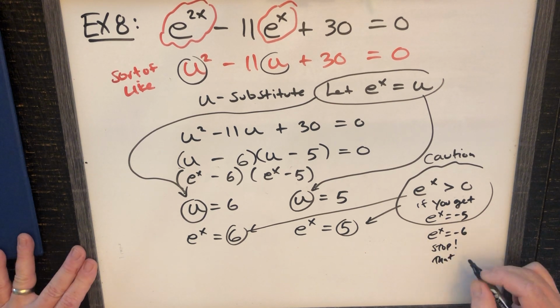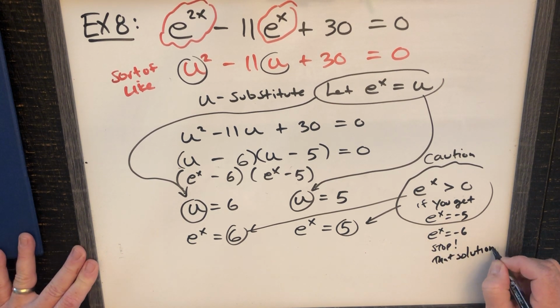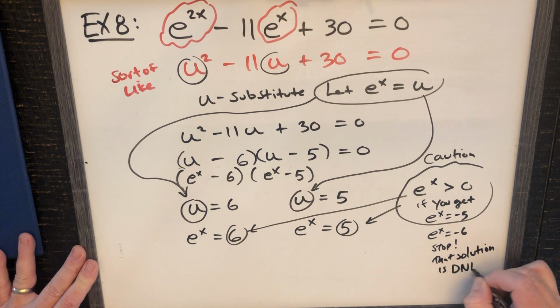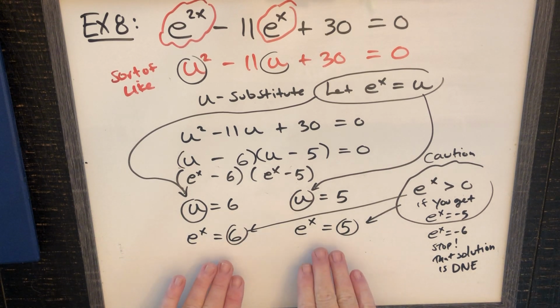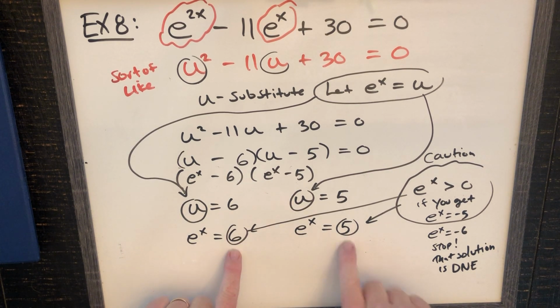That solution is DNE. It doesn't mean the whole problem is DNE. It means just that particular piece of the problem does not exist. In this case, they are both positive. e to the x is 6, e to the x is 5. These are both positive, so we should proceed as normal. If they both came out negative, I would stop right now, be done, DNE. If one of them was negative, I would throw out the one that's negative and keep the one that's positive.